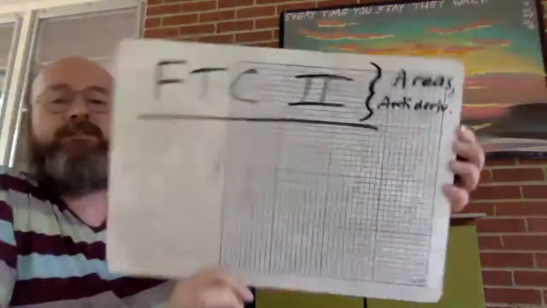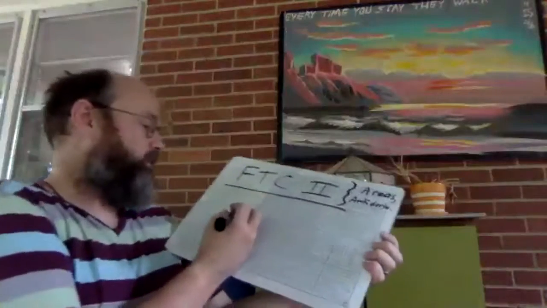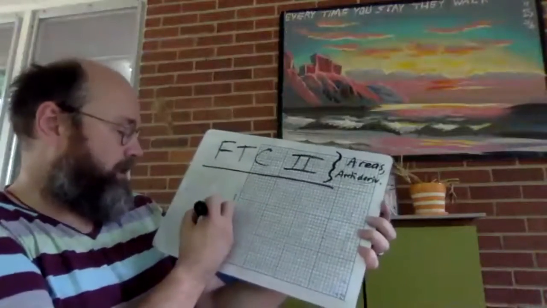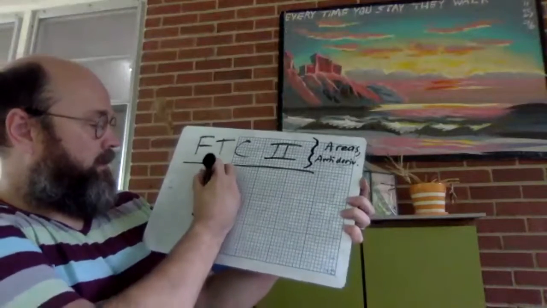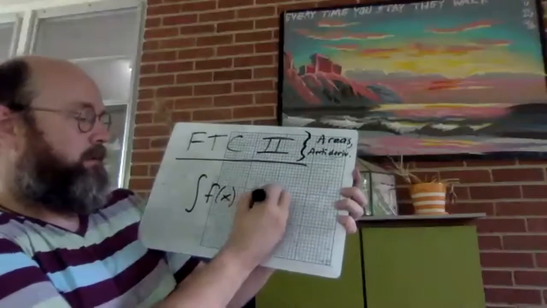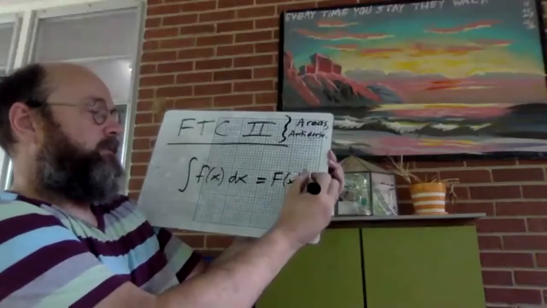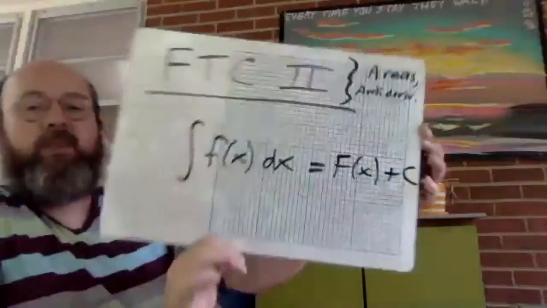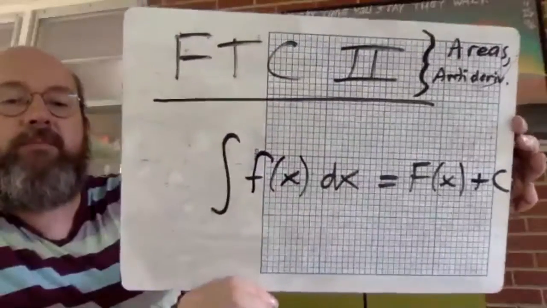The fundamental theorem of calculus part 2 is so amazing. Now recall that for a function, this symbol means the antiderivative, plus c. You know that this indefinite integral means the antiderivative plus c, okay?